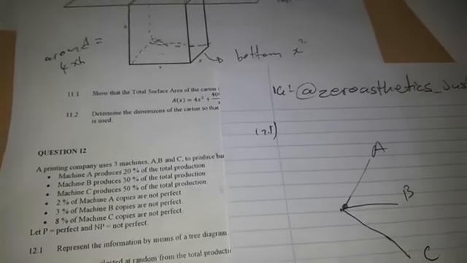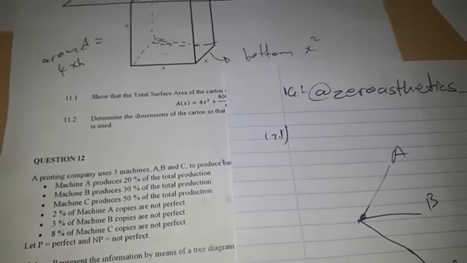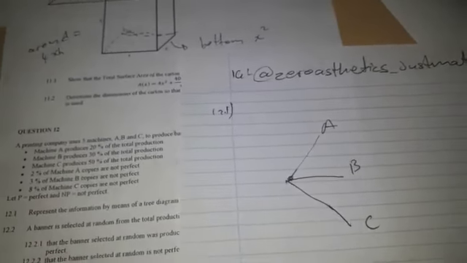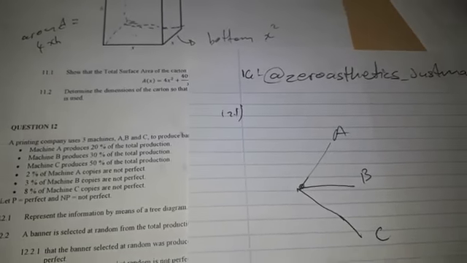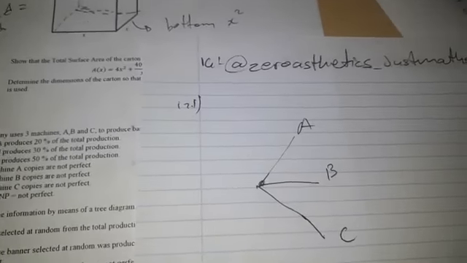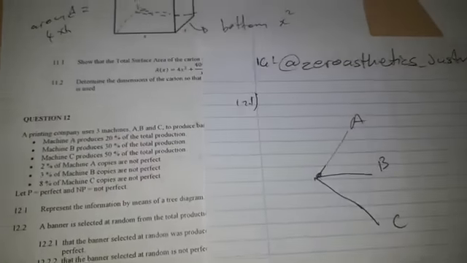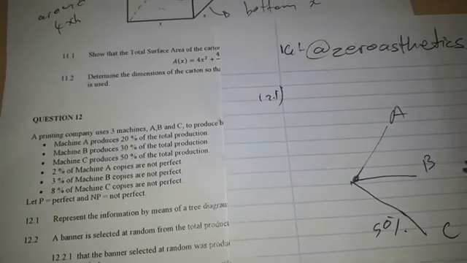These 3 machines produce, what did they say they produce? They produce 20%, and then the other one produces 30%, and the other one 50%. So obviously you can see it adds up to 100. If you want to write it as a percentage, feel free, don't forget the percentage symbol.